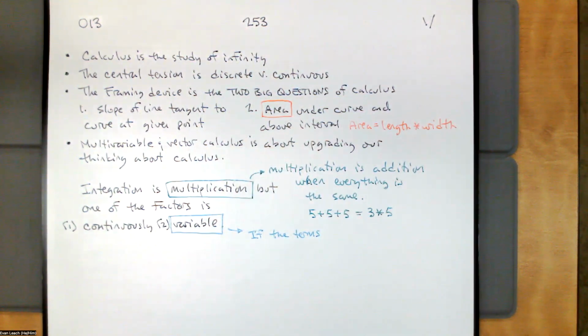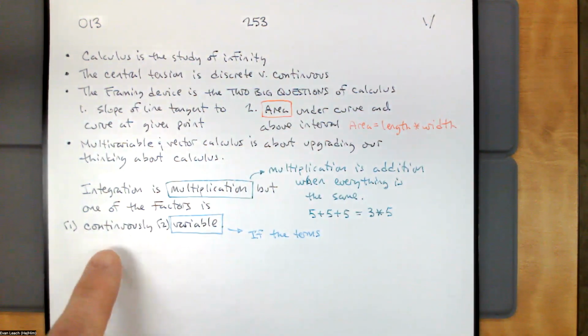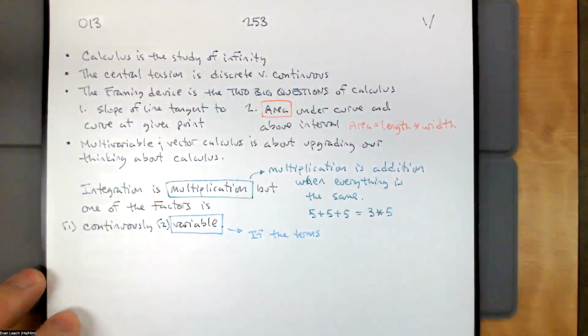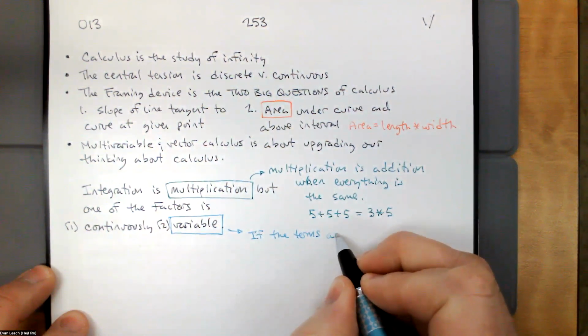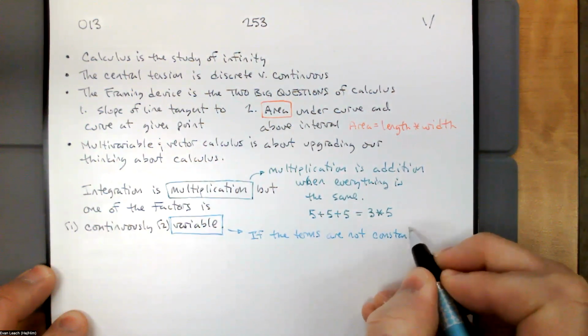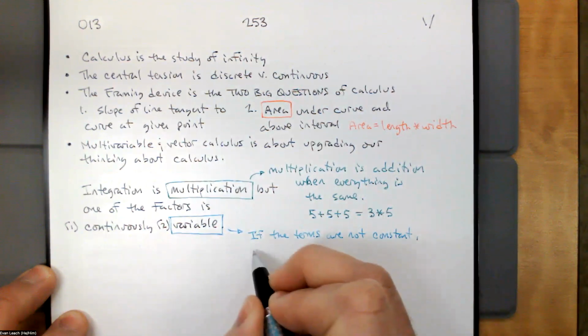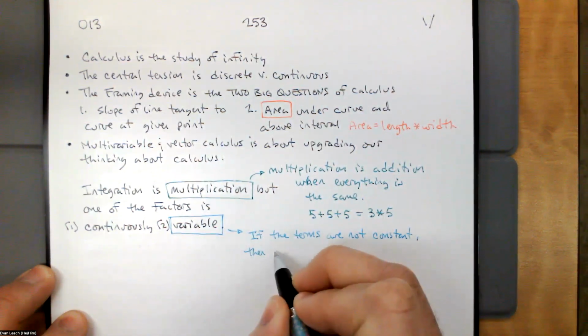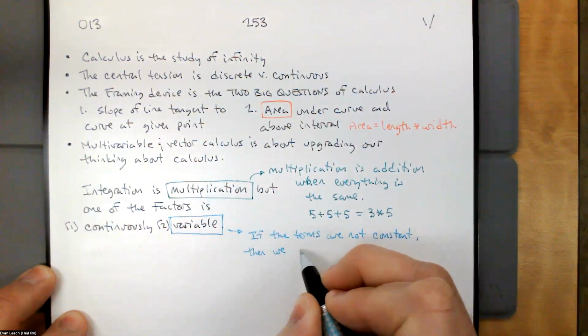Even just bringing up the fact that there are terms is why continuously is going to be a problem. But if the terms are not all the same, are not constant, then we're stuck with addition.